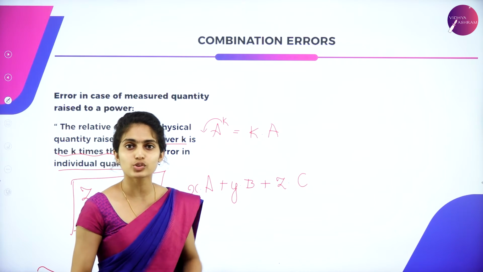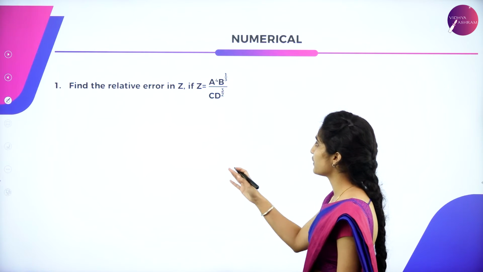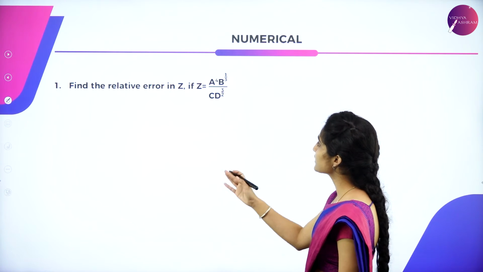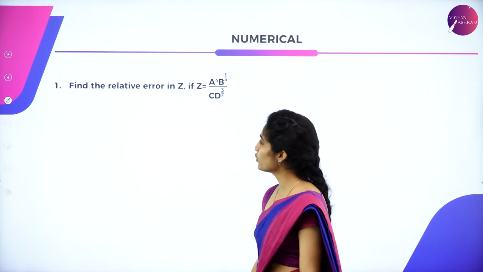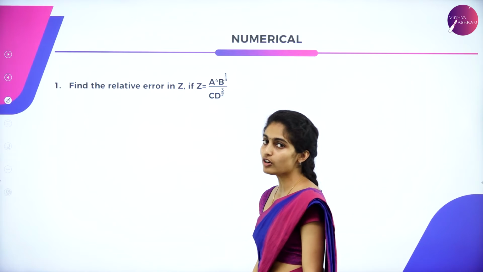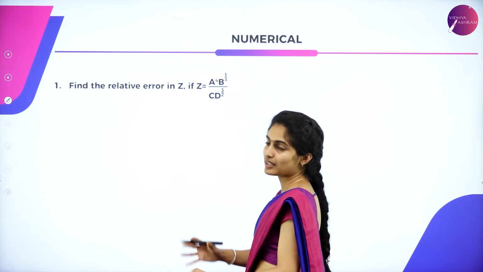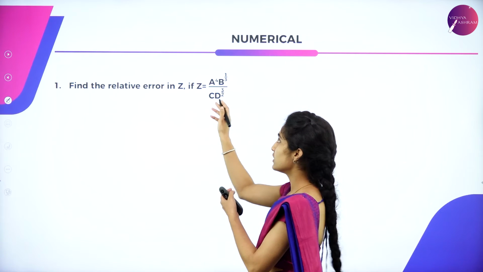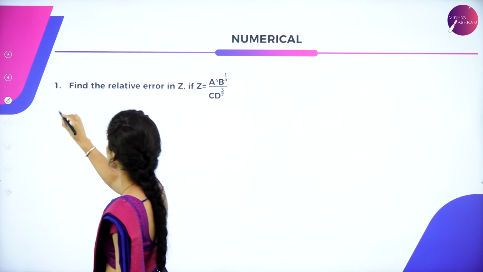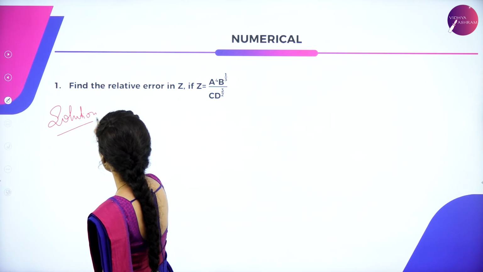To be clear with this rule, let us solve a numerical problem: find the relative error in z if z is equal to a to the power of 4, b to the power of 1 by 3, c into d to the power of 3 by 2. This is already given. There is nothing extra to be written like given so and so. So let us directly come into the solution.